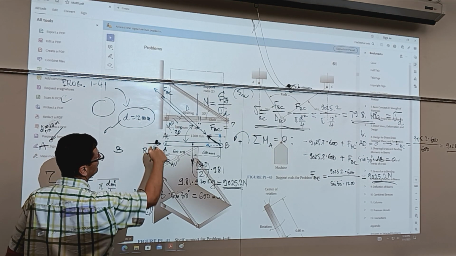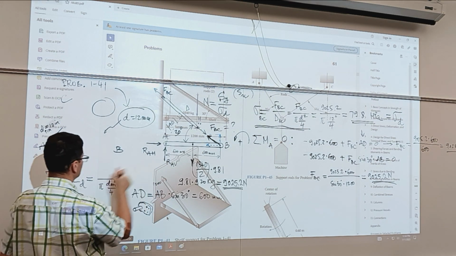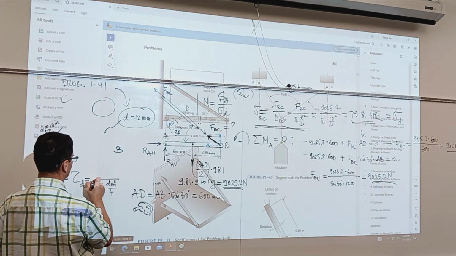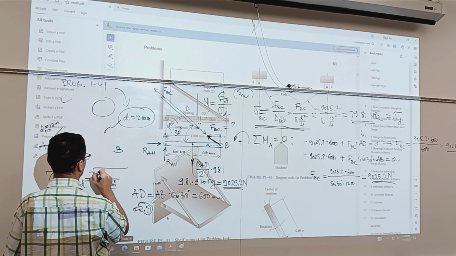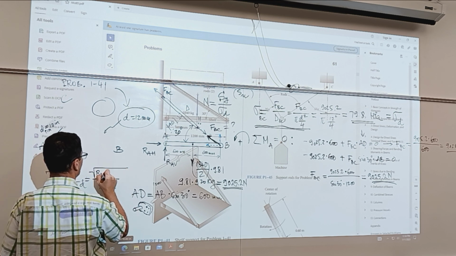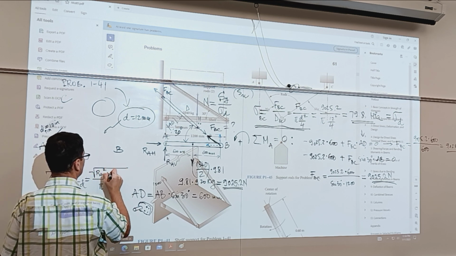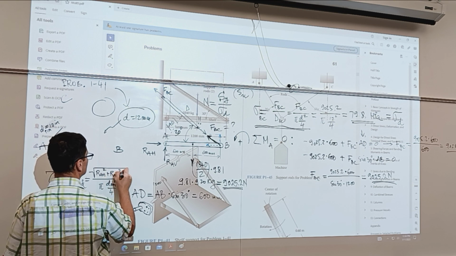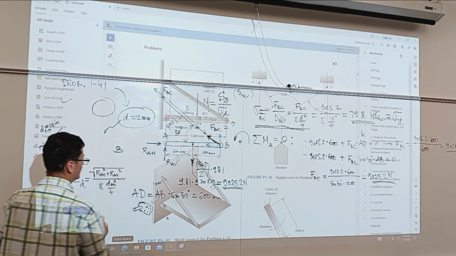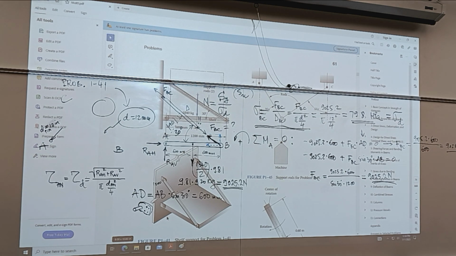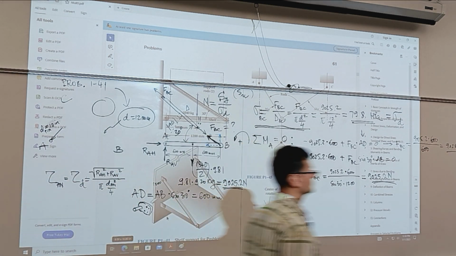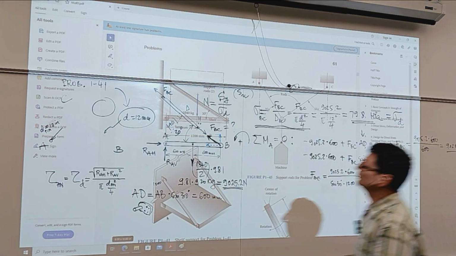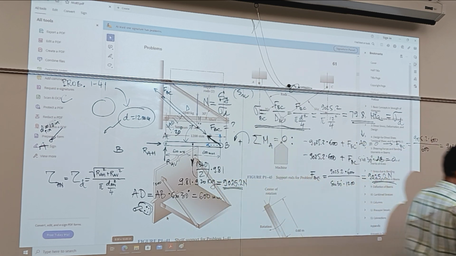The vector sum of these two, okay? So it's going to be the square root of RA horizontal squared plus RA vertical squared. Everybody agrees? I'm seeing puzzled faces. So we're resolved. Let me go back to Paint.